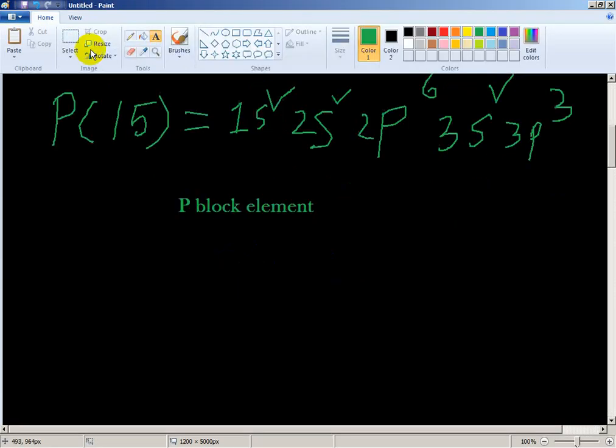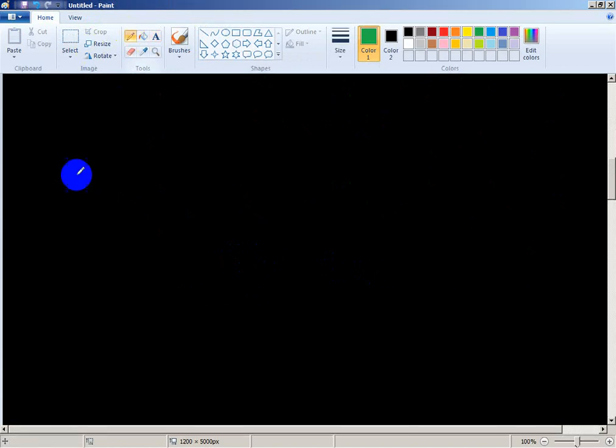Now I do the electronic configuration of argon.